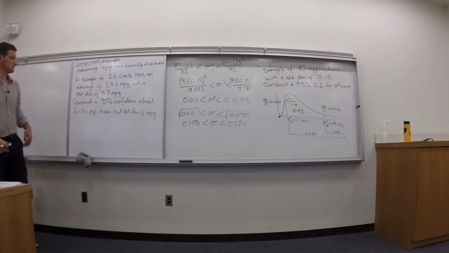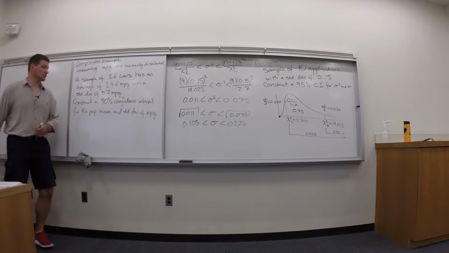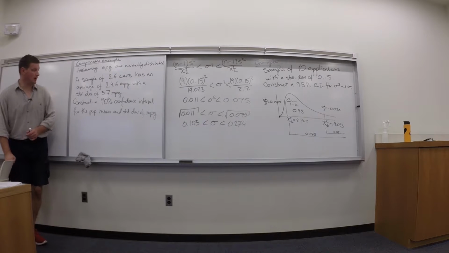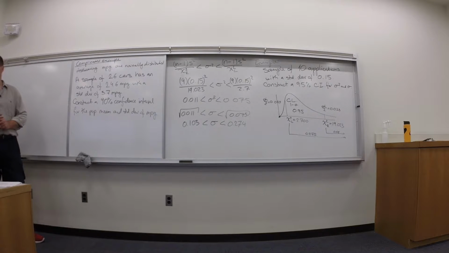Welcome to the glory of chapter 4. Assuming miles per gallon are normally distributed, a sample of 26 cars has an average of 24.6 miles per gallon with a standard deviation of 3.7 miles per gallon. Construct a 90% confidence interval for the population mean and standard deviation of miles per gallon.